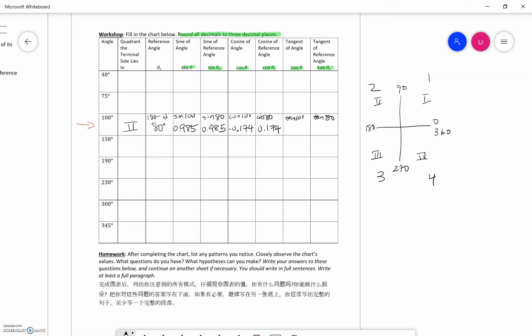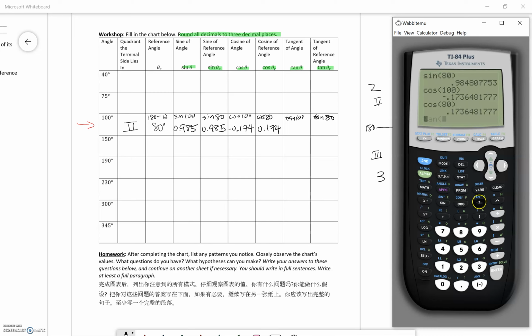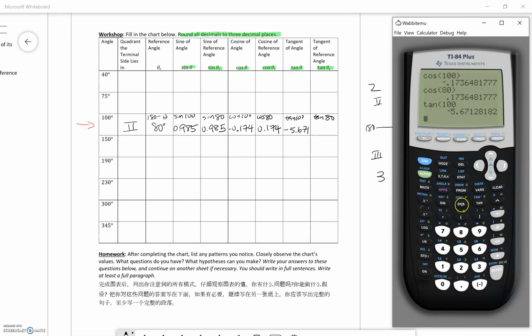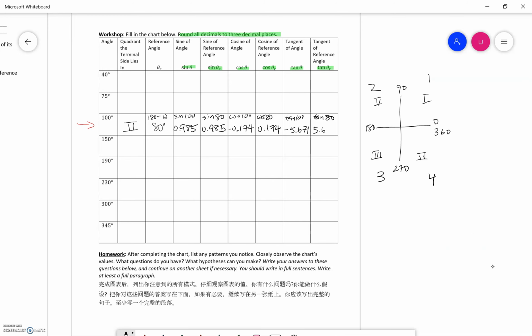Then tan of 100. Let's see, tan 100. Negative 5.671. And then tan of 80. So tan 80. 5.671. And there is one complete line.